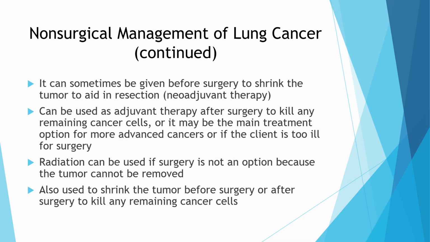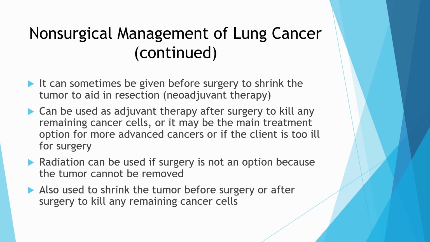So it can sometimes be given before surgery to shrink the tumor to aid in resection, and we call this neoadjuvant therapy. It can be used as adjuvant therapy after surgery to kill any remaining cancer cells, as it may be the main treatment option for more advanced cancers, or if the client is too ill for surgery.